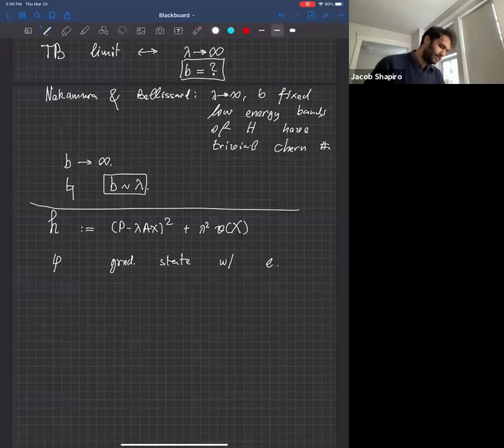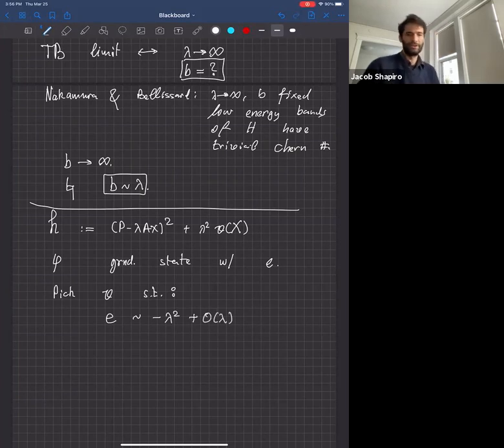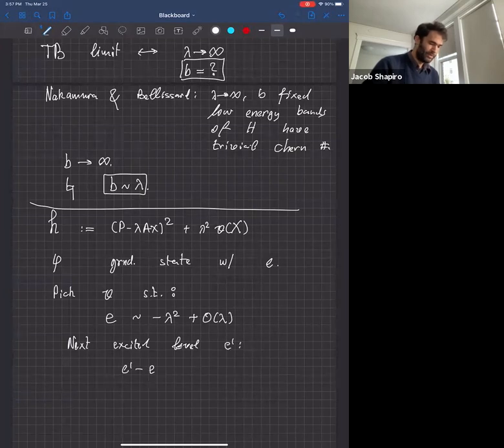The condition is, first of all, E should be proportional to minus lambda squared, and then you will be some order lambda. And for the next excited state, we ask that the difference between them is going to be of order 1. So we don't want that suddenly, as lambda goes to infinity, the single atom gap collapses to 0.